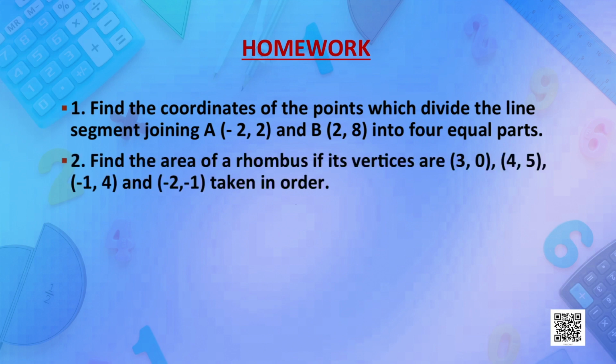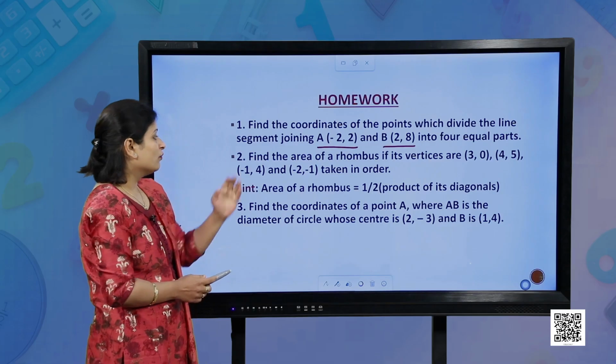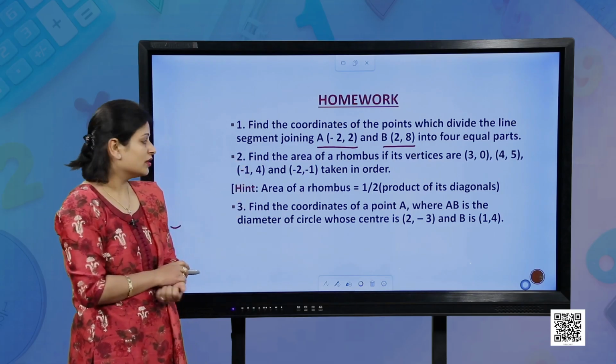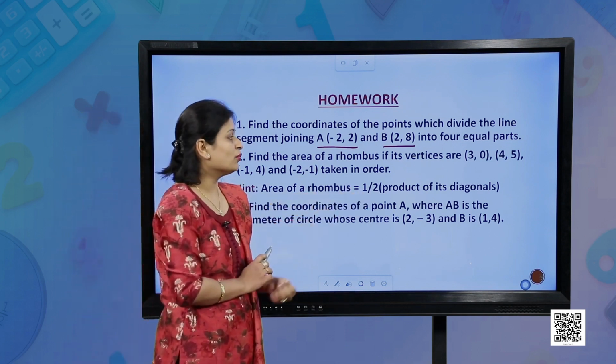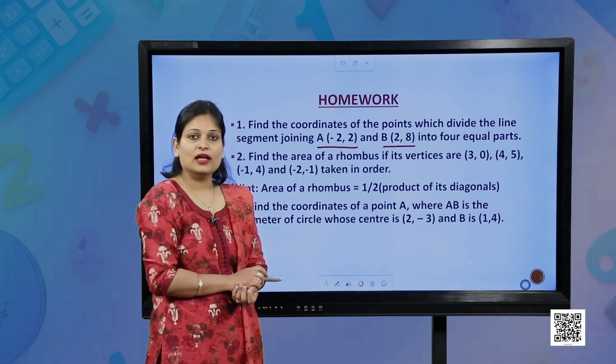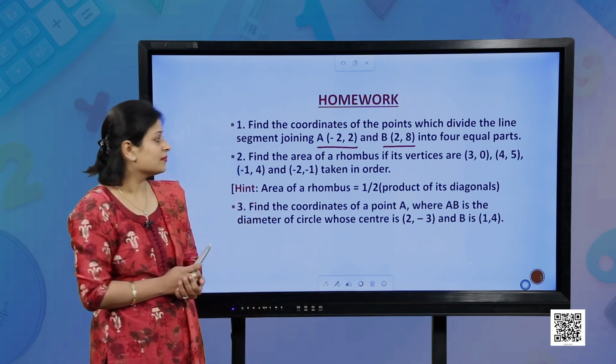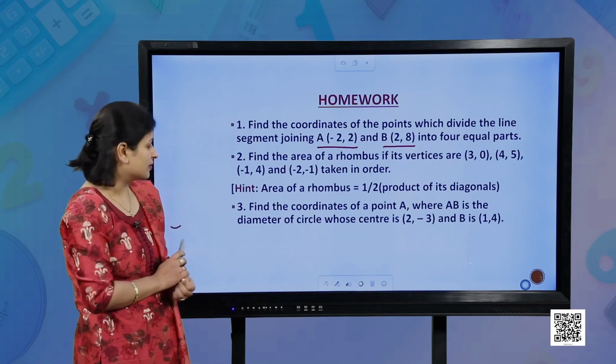Question number 2, find the area of a rhombus if its vertices are 3, 0, 4, 5, minus 1, 4, minus 2, minus 1 taken in order. For this, I have given a hint. You simply find the area of the rhombus as half into the product of its diagonals. So, simply find the length of the diagonals, you will get the answer.